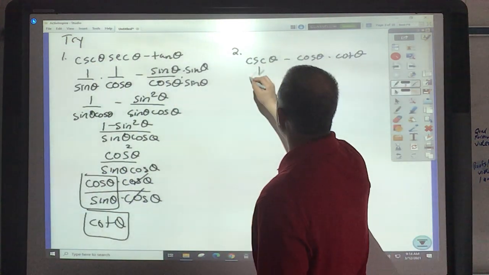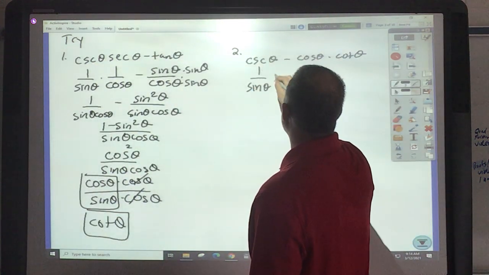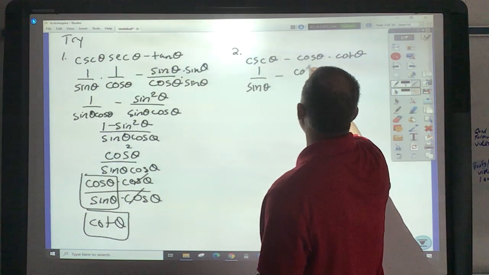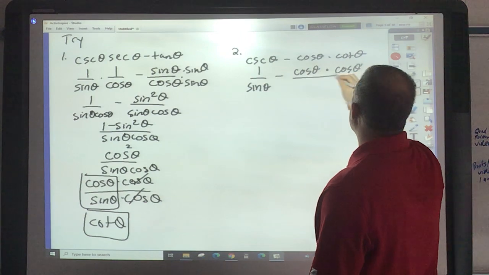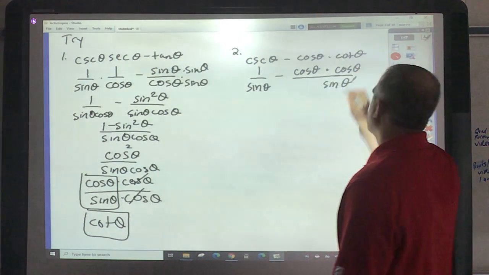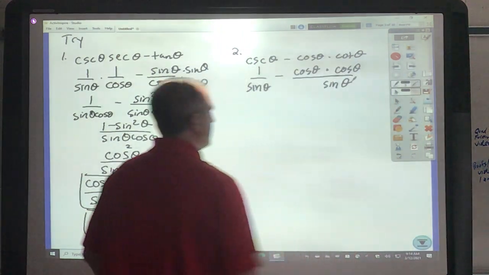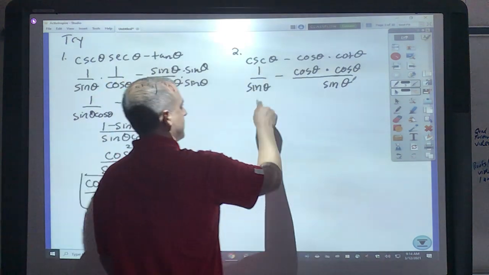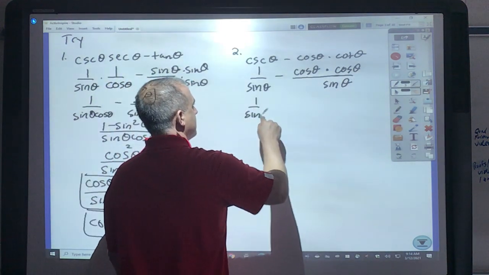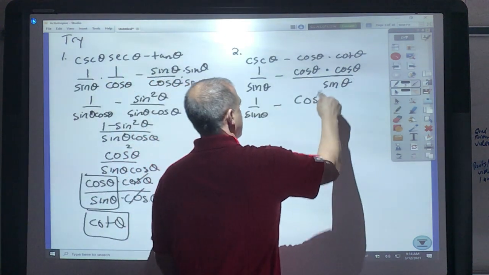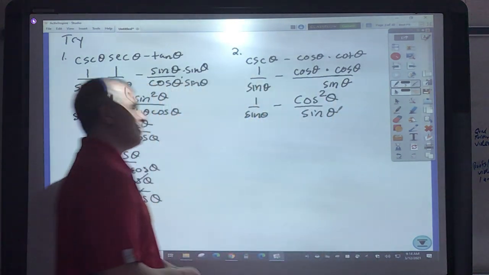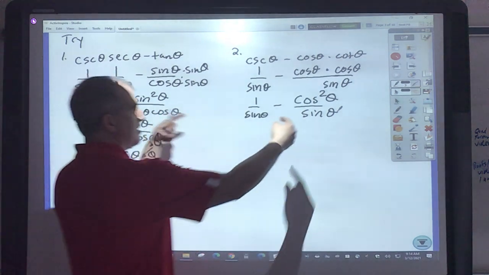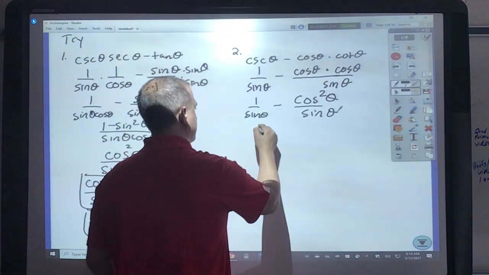I've got 1 over the sine of theta minus cosine of theta times cosine of theta over sine of theta. This one actually worked out pretty easy. So I've got 1 over sine of theta minus cosine squared of theta over sine. This ends up being pretty easy because there's already a common denominator. I can push those together.